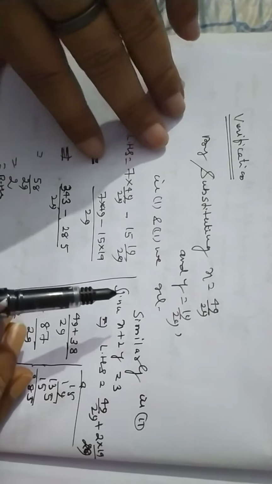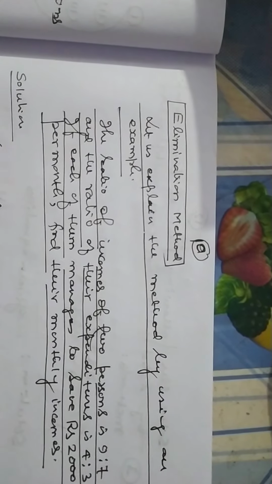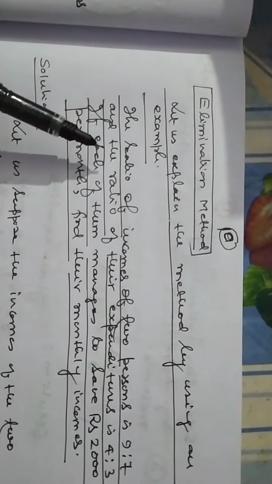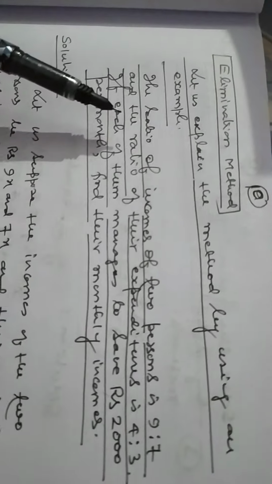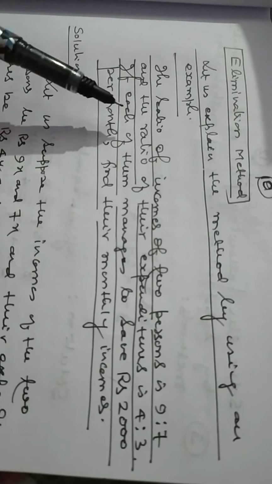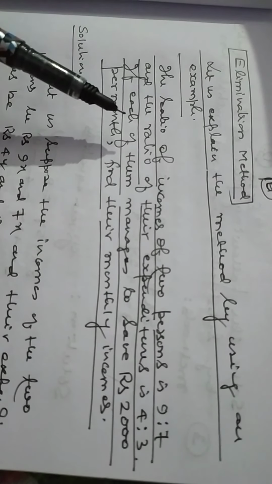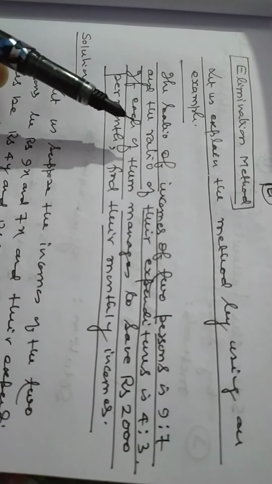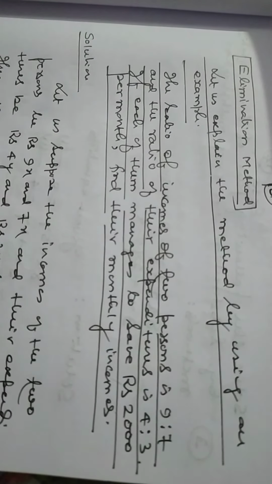Now I want to solve the next problem. My dear students, in the next problem we solve the problem by the elimination method. Similarly, as I have already explained how you can solve the problem by the substitution method, now I also explain how you solve the problem involving the elimination method.